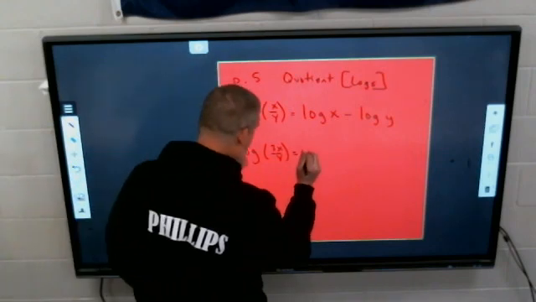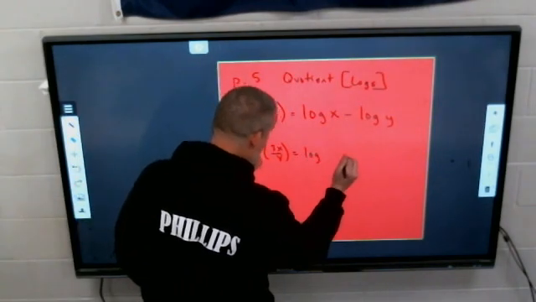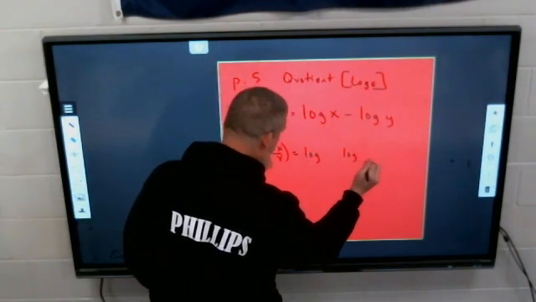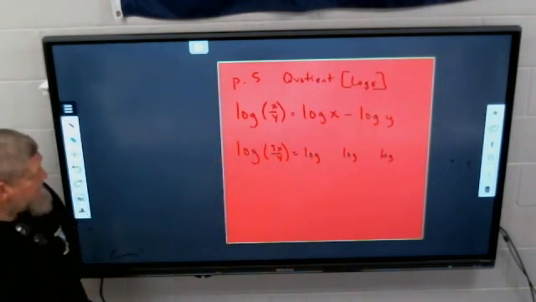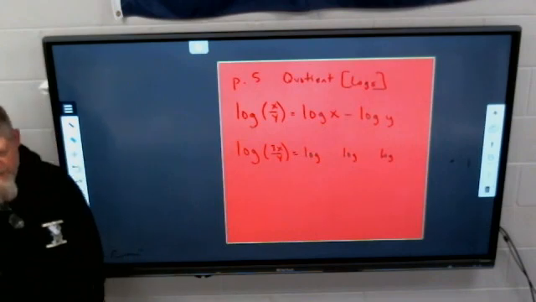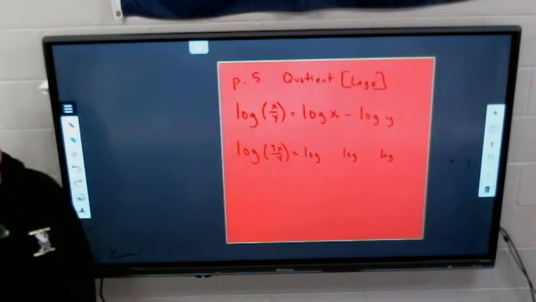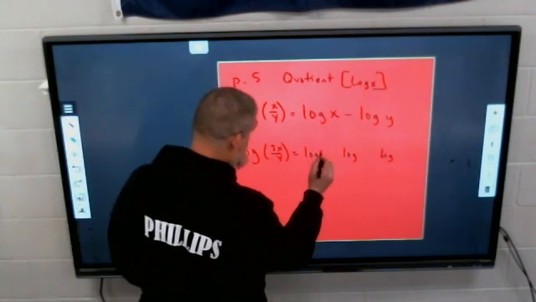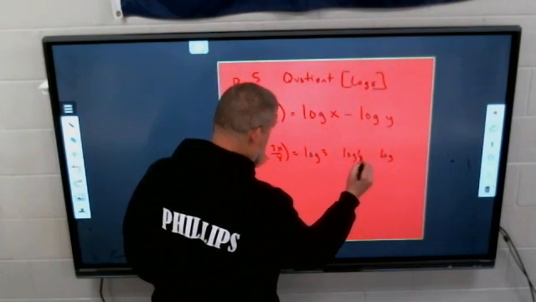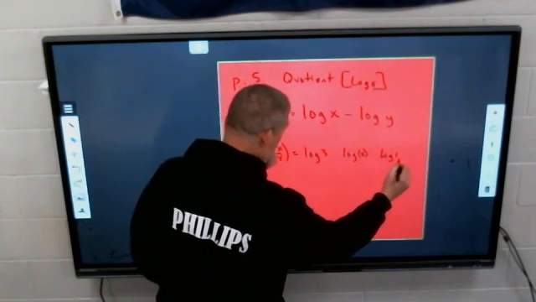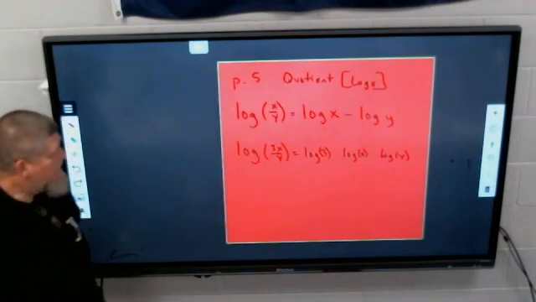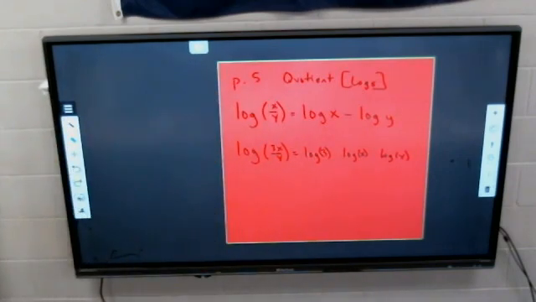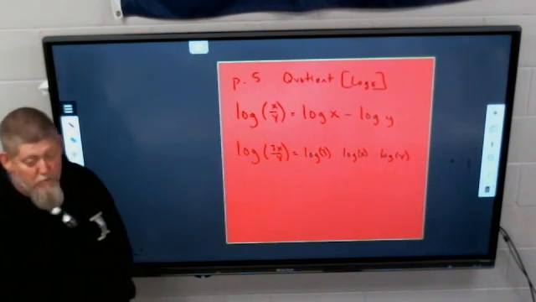So you should have log. And what are the 3 terms there? 3, x, and y, right? So log 3, log x, log y. What signs go in front of them? Which ones are positive and which ones are negative?